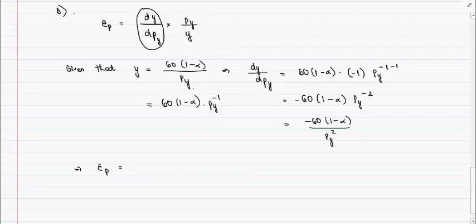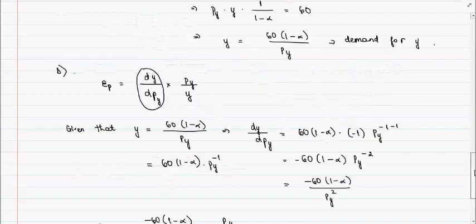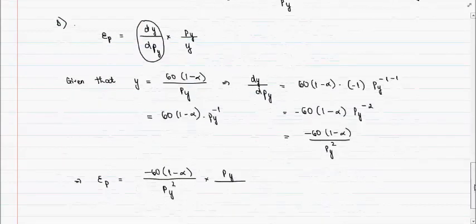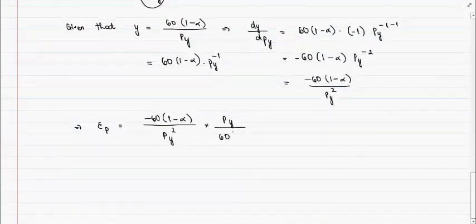So I got dy on dPy is -60 times 1 minus alpha, everything divided by Py squared, times Py, and divided by y, and knowing that the function of y is this, 60 times 1 minus alpha, everything divided by Py.